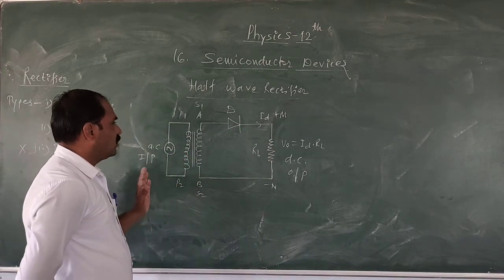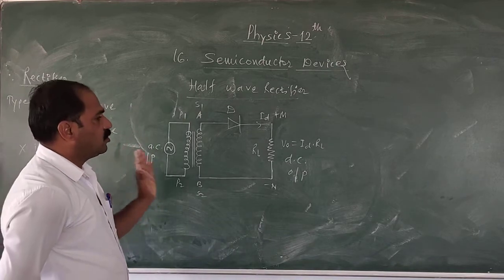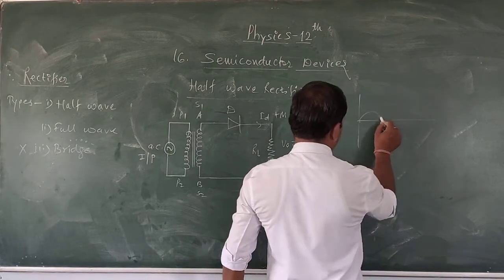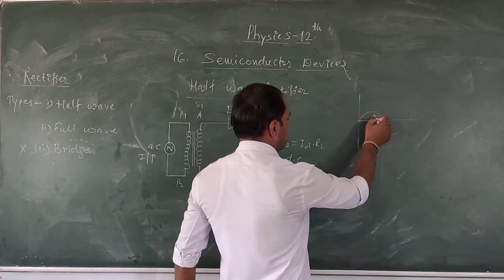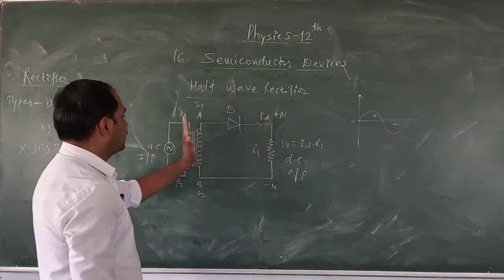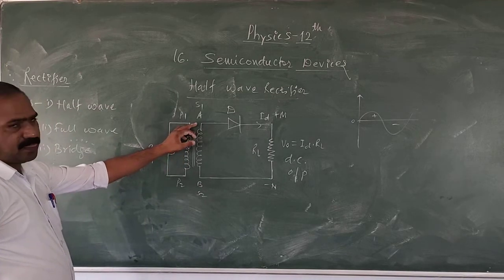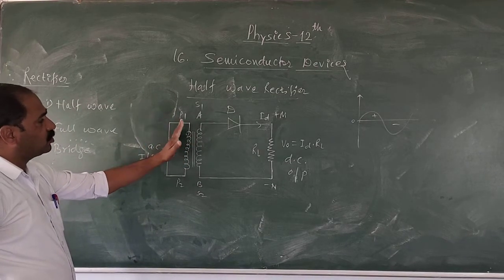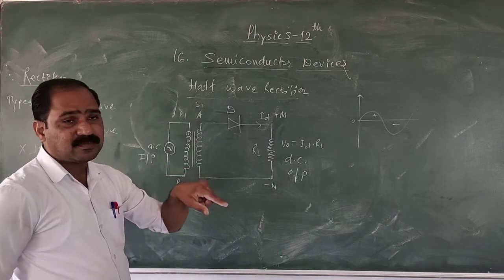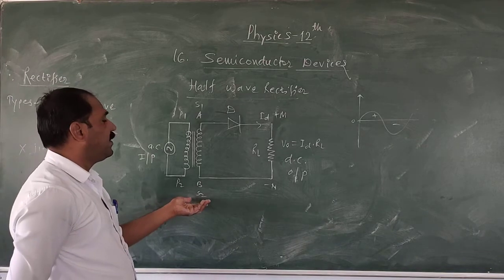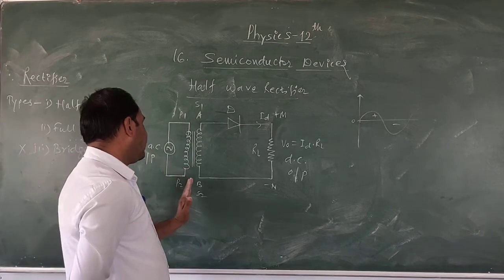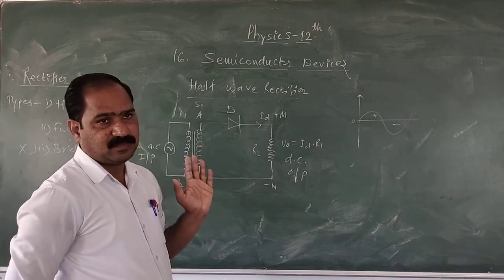अब क्या करते हैं, for the half cycle, suppose here the half cycle of the AC is given, so this is the half cycle, this is the cycle, this is the positive, this will be the negative. अब क्या करते हैं, ये हाफ साइकिल में क्या लेता हूं, means when P1 is positive, S1 is negative, means when S1 is positive, S2 will be negative, means when A is at positive potential, point B is at the negative potential.